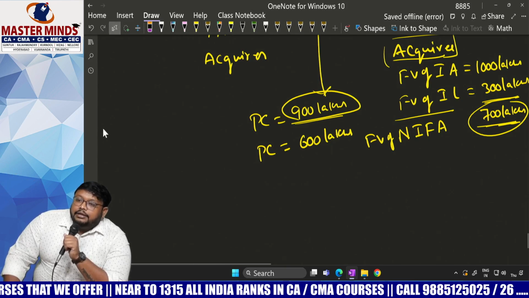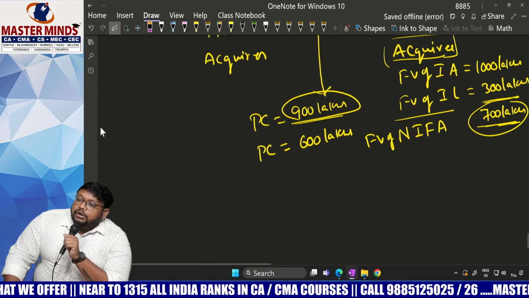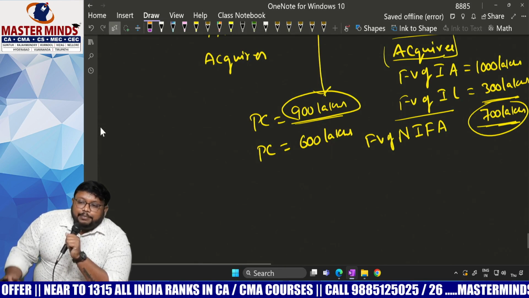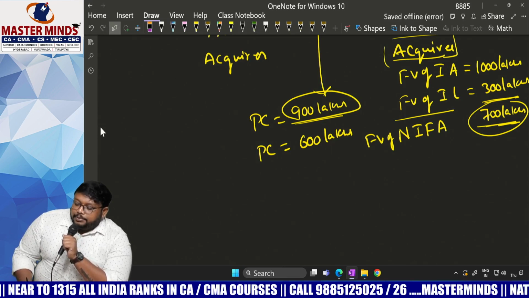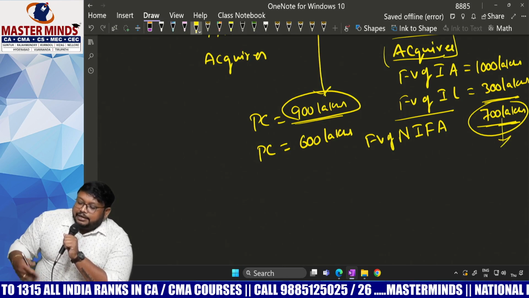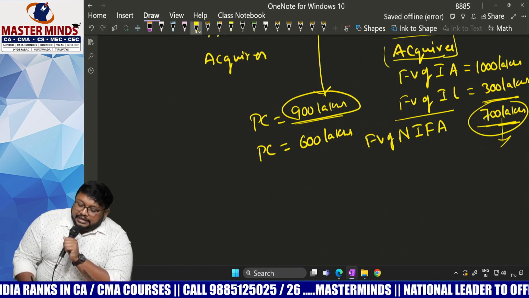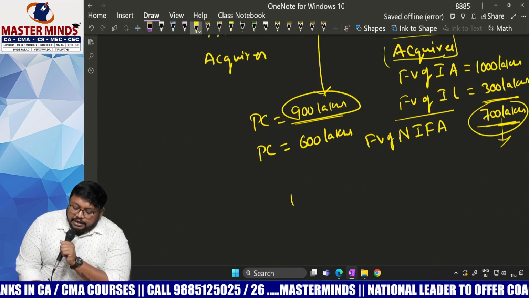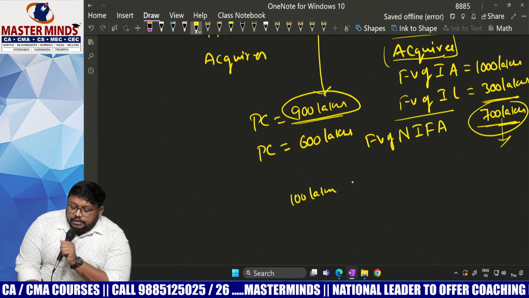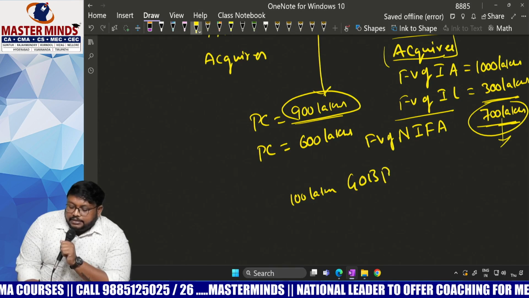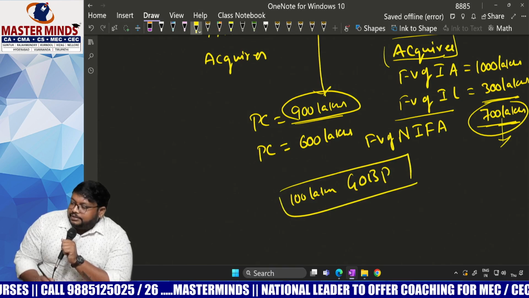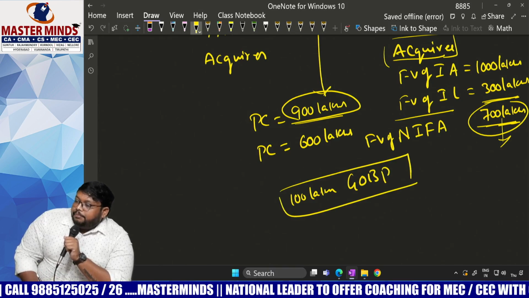But here we have the aspect called gain on bargain purchase. I'm bargaining and purchasing the company for 600 instead of 700, so it is a benefit for me. 100 lakhs will be the gain on bargain purchase, not capital reserve here. We have to use the words gain on bargain purchase.